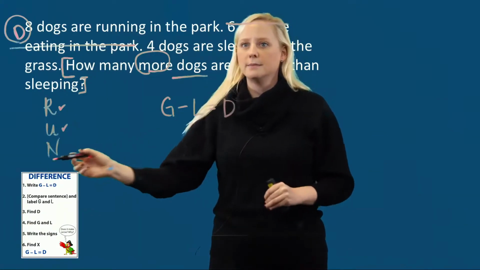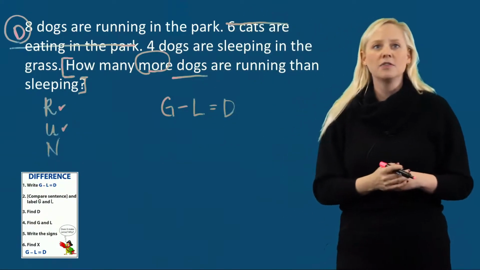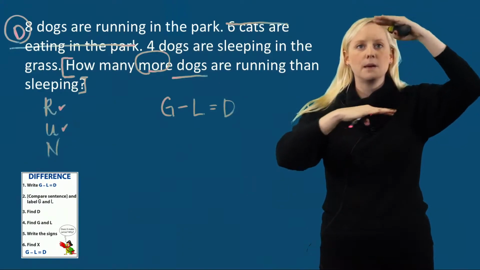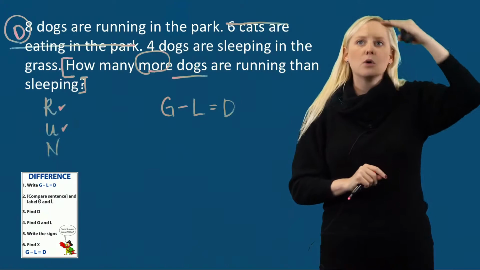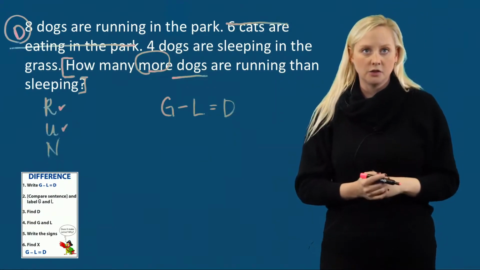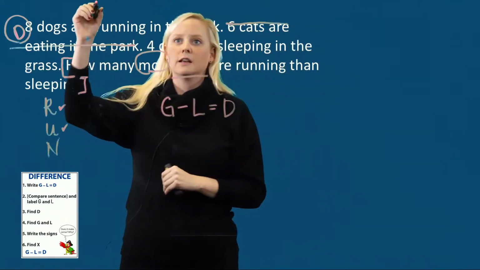And now I'm going to label G and L. So when I look at this, I see that there are dogs running and there are dogs sleeping, and I'm comparing the two. There are more dogs running than sleeping, so the dogs that are running is the amount that's greater. So I'm going to put a G above running.